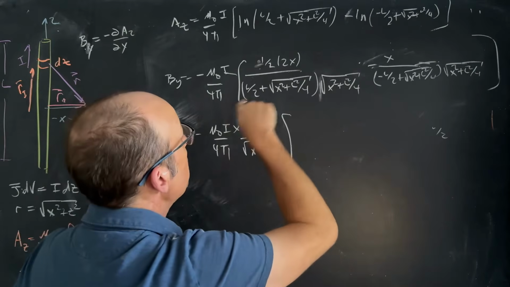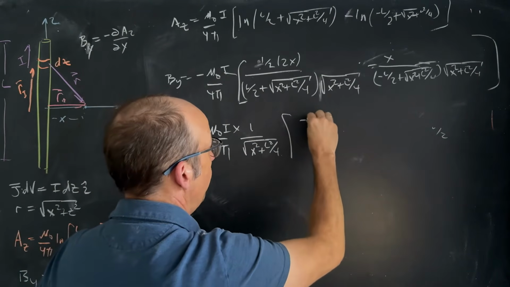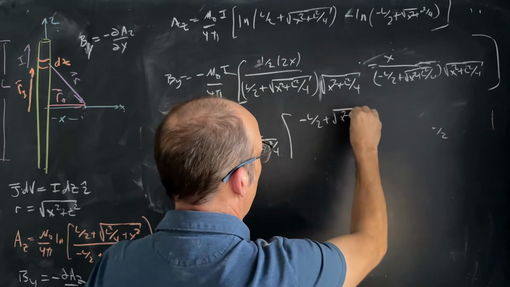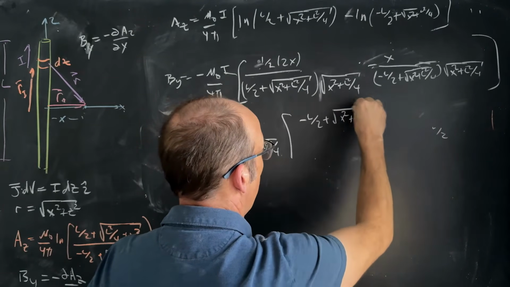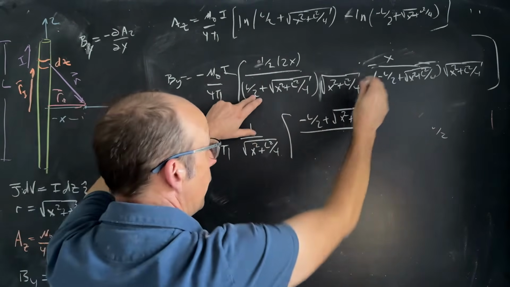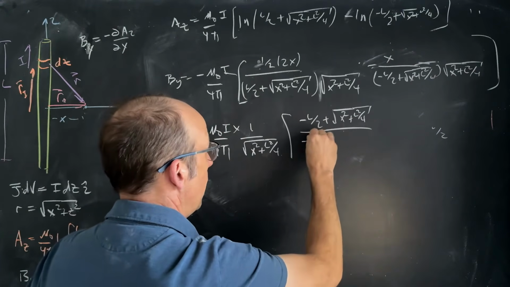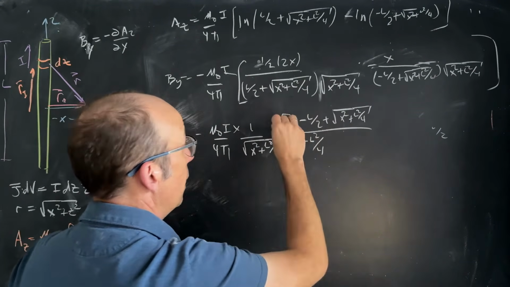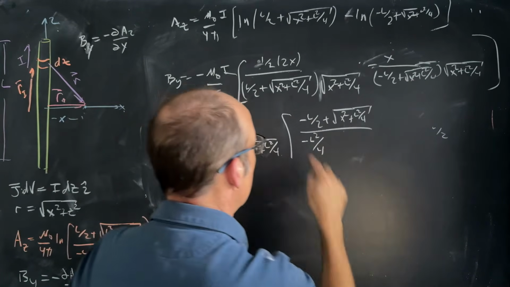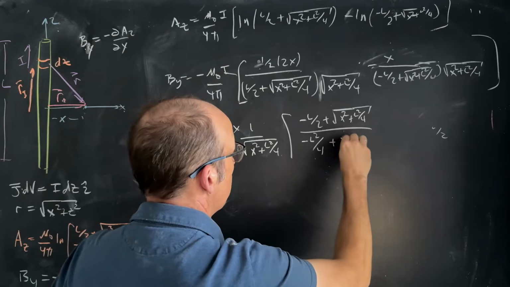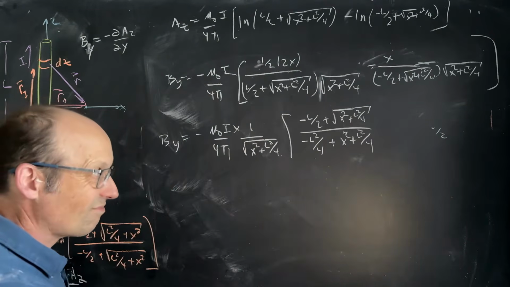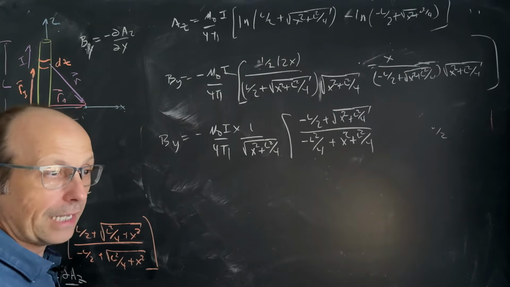So this one I'm going to get negative L over 2 plus the square root of x squared plus L squared over 4, all of that over L times negative L over 2, which is negative L squared over 4. And then I get no cross term because it's a plus and minus. And then this times that, which is just plus x squared plus L squared over 4. So something nice happens there.